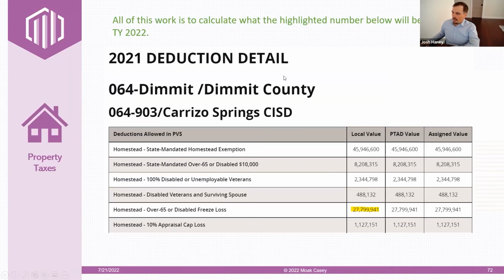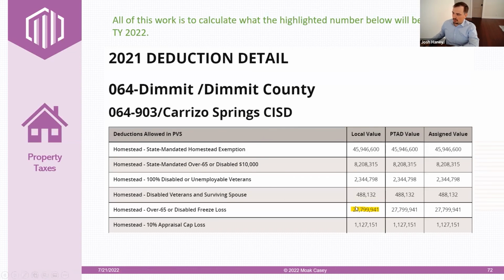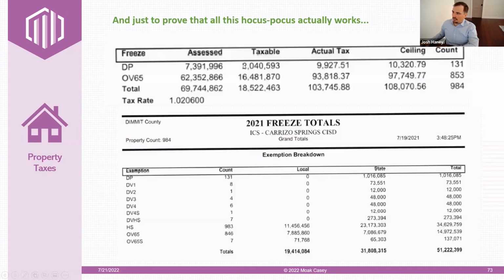So you can see back in 21, all of these calculations for this district yielded a number that was close to 27.8 million. And just to prove that all this hocus pocus actually works, I went back and got some screenshots of this district's certified value reports from 21.